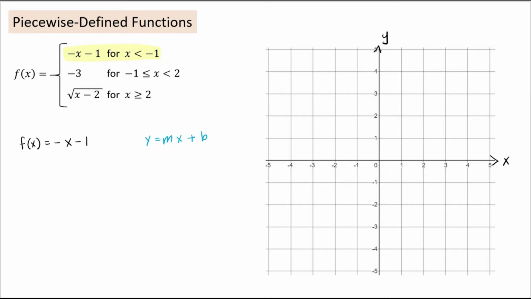By replacing y with f of x, we have f of x is equal to mx plus b. m is the slope of the line, so the slope is negative 1. b gives us the y-intercept, so b is negative 1, and the y-intercept is (0, negative 1).